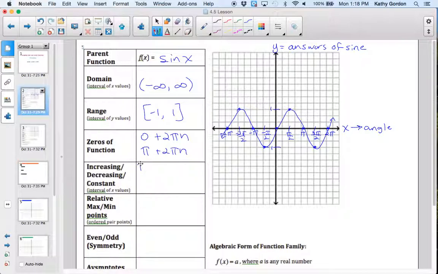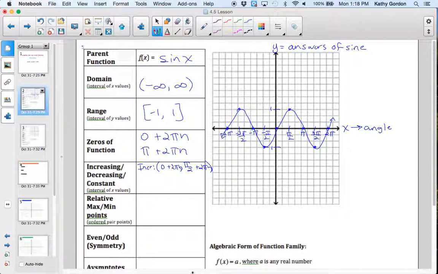So when I say that I'm going to increase here, because that's what my graph starts out by doing, we're going to go up from x values of 0 to pi over 2. But instead of just writing 0 to pi over 2, we're going to write 0 plus 2 pi n, and pi over 2 plus 2 pi n, to represent every time we get this first little piece that's increasing.